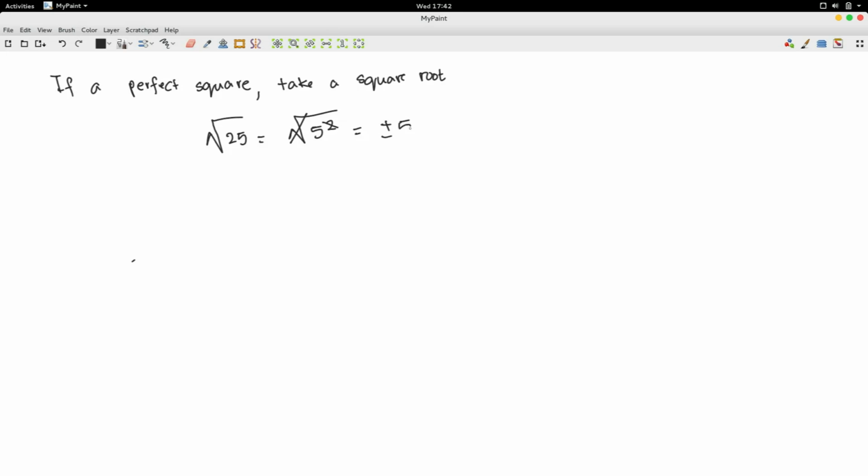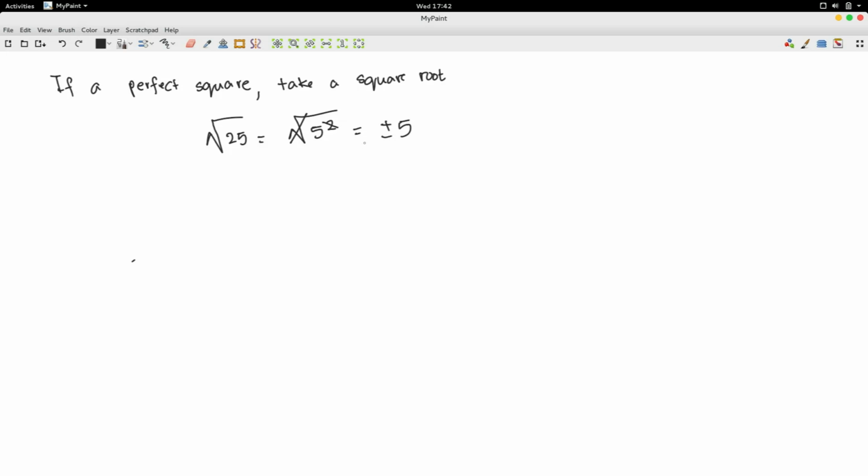So, if I have a perfect square, the best thing to do would be to take a square root. So you would have square root of 25, which is square root of 5 squared. That 2 and the root will get cancelled, and you will get plus or minus 5.